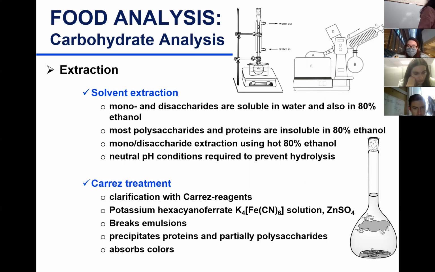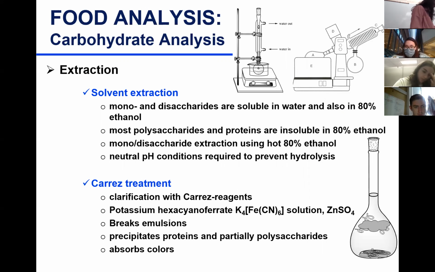So what remains soluble in your 80% ethanol are your sugars: mono-, di-, tri-, and oligosaccharides. These will be the only components, plus, of course, organic acids, small molecular weight colors, or other small molecular weight salts, which will still be with your sugars.